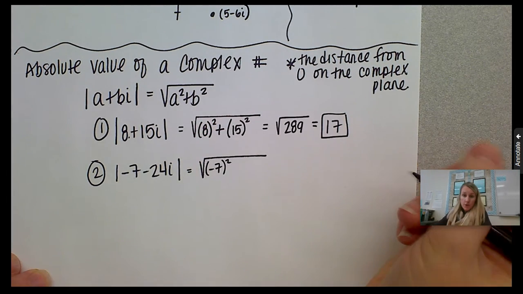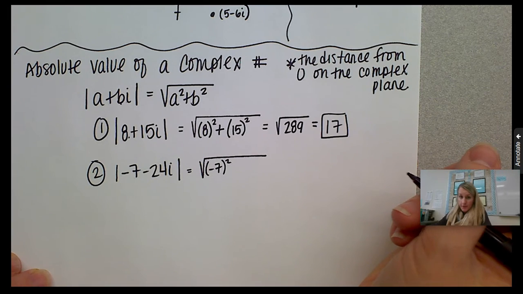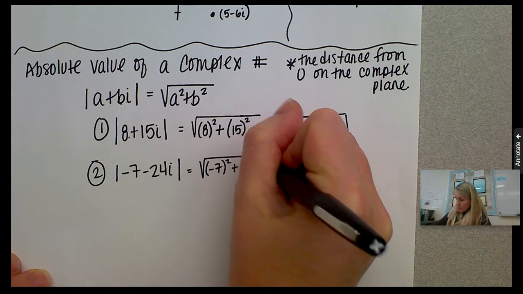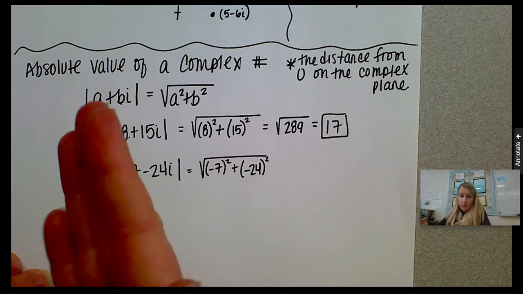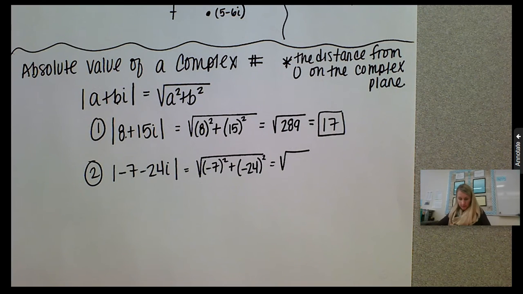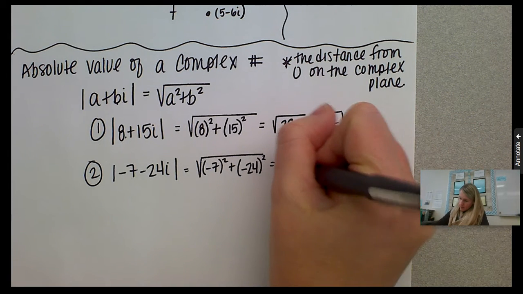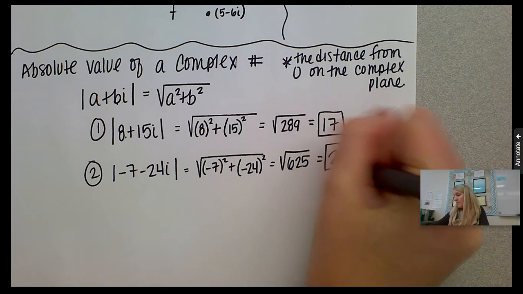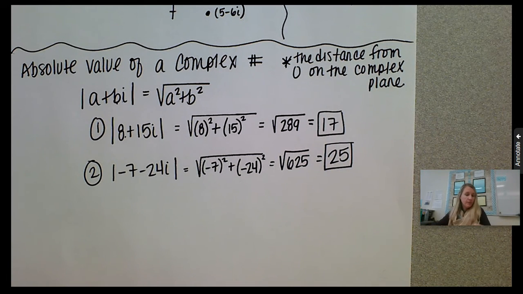Especially with your calculator, make sure you put those in parentheses. Plus -24 squared. Remember, no i with it, just whatever's in front of i. I grab my calculator at this point, and -7 squared plus -24 squared comes out to 625, and the square root of 625 is 25. So that would be 25 units away from 0.